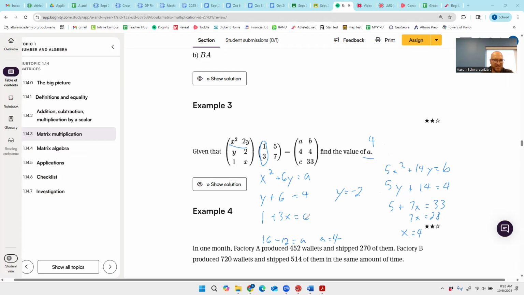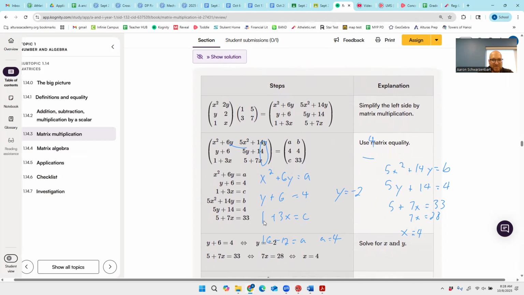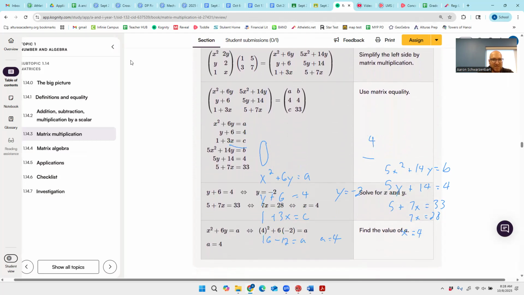I can plug in and get C. And yes, I don't like writing this in the matrix form. I like writing it in these equation forms. I think it just was simpler.